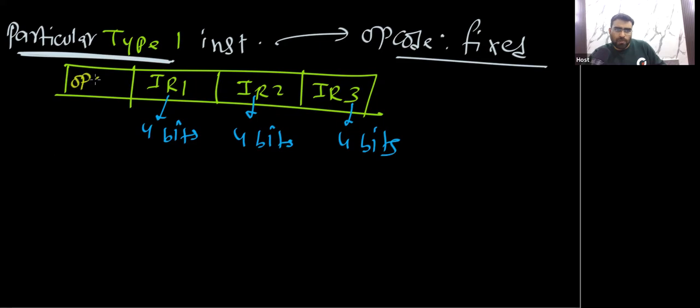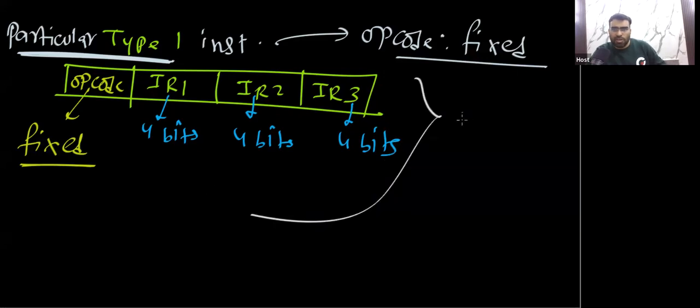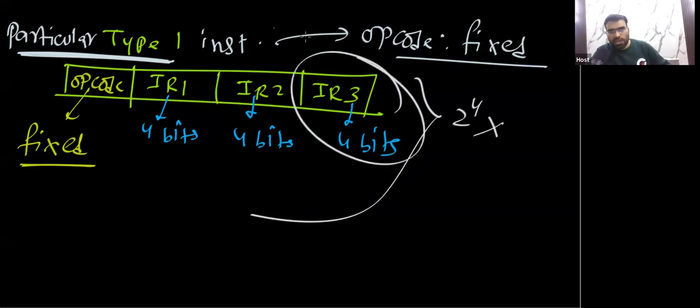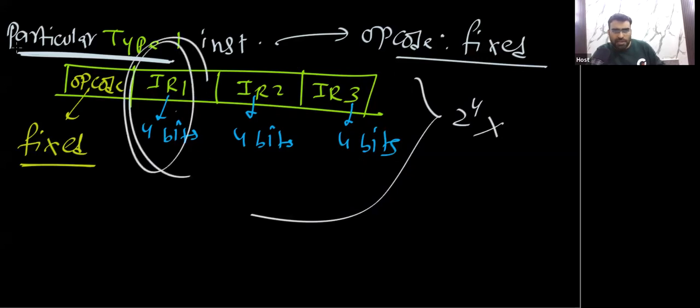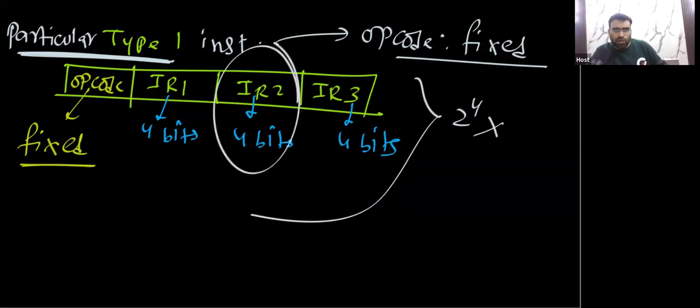So finally, how many bit patterns are used? Here I can say 2 power 4, because here you can put any 4 bits, meaning any integer register address. Here also, and here also, you can put any integer register address.